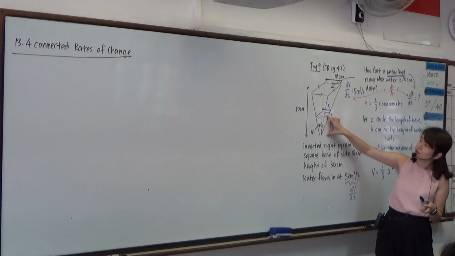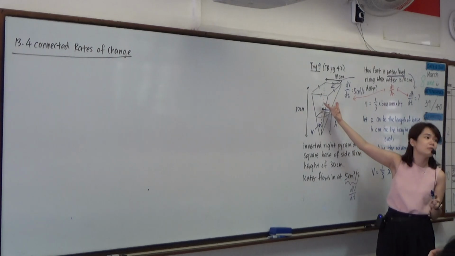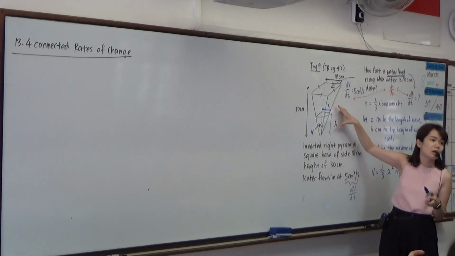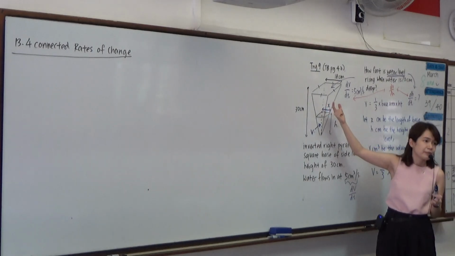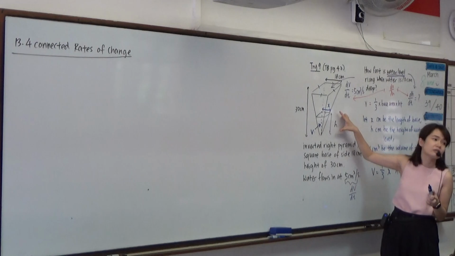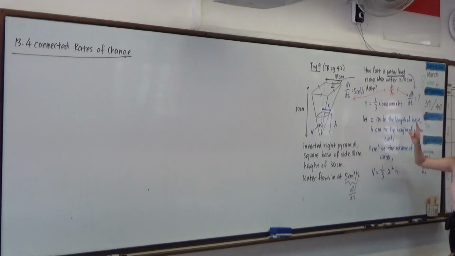So when the volume of water increases, your x will become longer, height will also become taller as well. So I cannot take it that x is actually a fixed constant, because x will change according to h. Alright, so the challenge over here is how do we actually change my formula over here to be fully in terms of h.